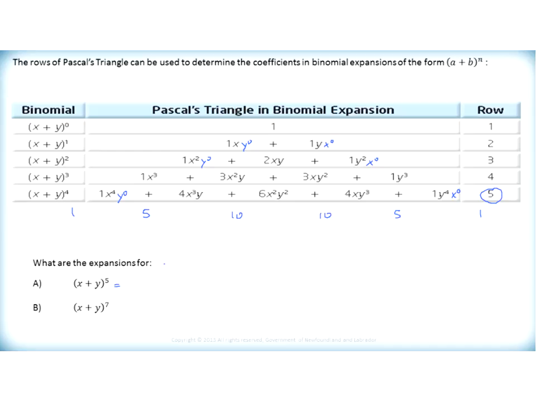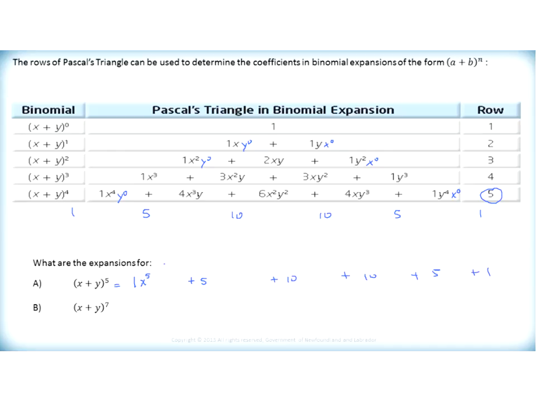So x plus y to the power of 5 will be 1. Start with your power of x, which is your x to the 5. The best way to do this now is to simply write out all the coefficients first.